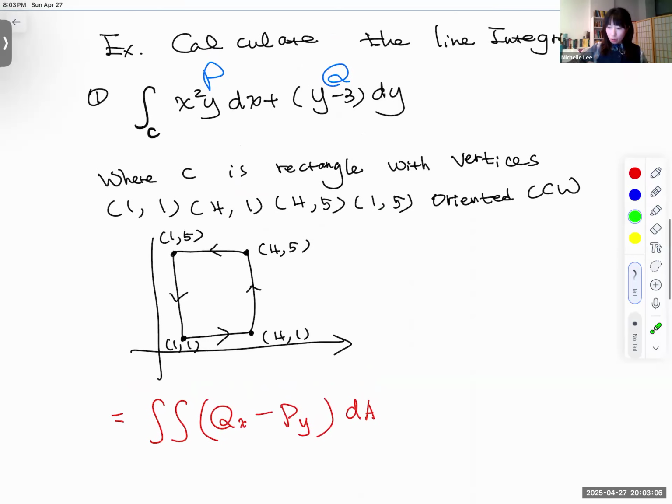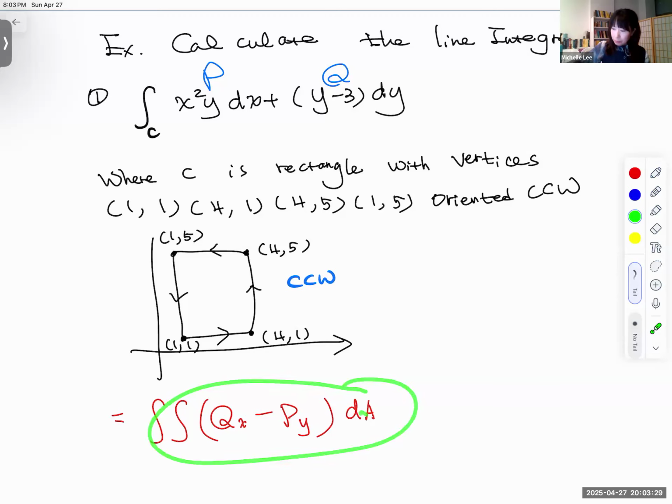I drew the rectangle here, oriented counterclockwise. We start at (1,1) and go counterclockwise. That's the orientation. So we are using Green's theorem.